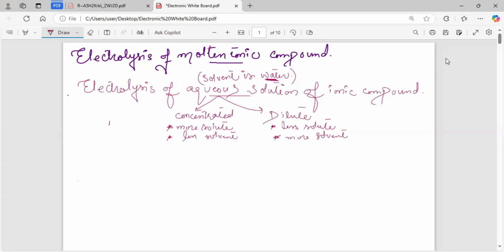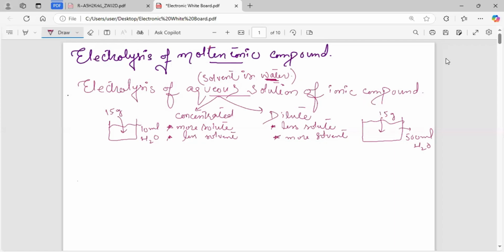For example, let's suppose we have 10 ml of water and 15 grams have been dissolved in it. Whereas in another case, there is 500 ml of water and only 15 grams have been dissolved.